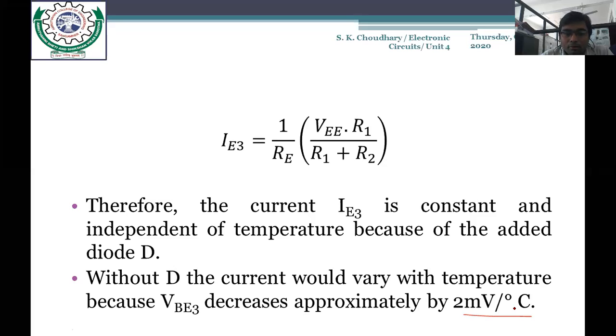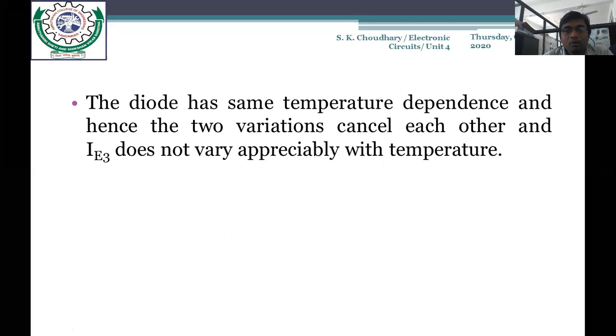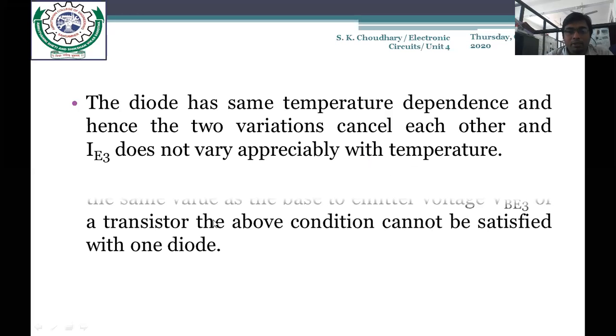In this way we have seen that the diode makes the emitter current independent of temperature. The diode has the same temperature dependence, so the temperature effect on VBE and the temperature effect on the diode cancel each other, and IE3 becomes independent of temperature.